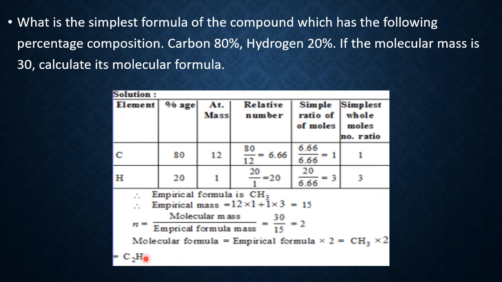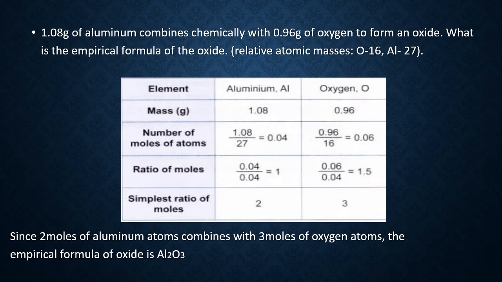Example: 1.08 gram of aluminum combines chemically with 0.96 gram of oxygen to form an oxide. What is the empirical formula of the oxide? Only empirical formula, right? So these are the two elements I have taken horizontally, and their composition divided by the respective gram atomic mass gives 0.04 and 0.06. The least number is 0.04.